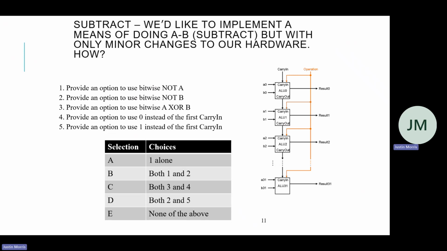So use the same poll, use the same question, just change your answer to correspond to this new question. And again, answer this on your own at first, and we'll talk about it together after.